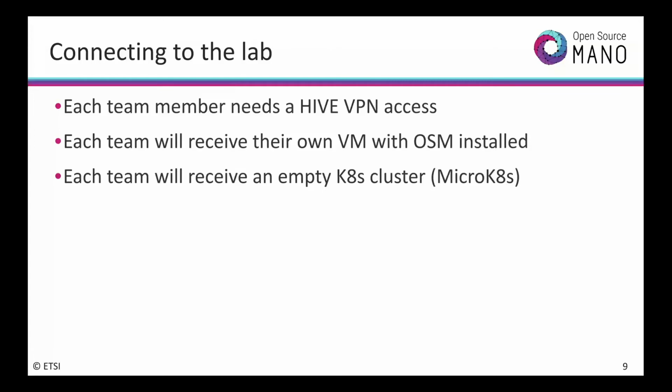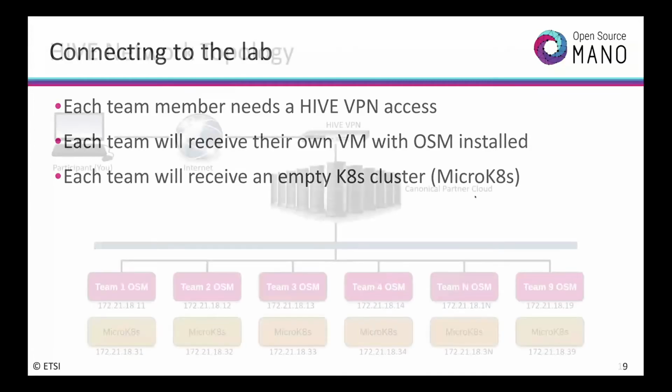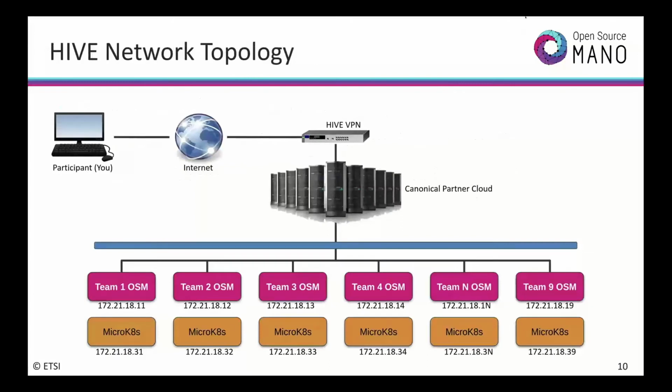So if you can jump ahead to the next slide, Matcha. This is what it looks like, basically. There's you on the upper left at home, connecting over the internet to the HIVE VPN router. HIVE has resources all over the world, basically.